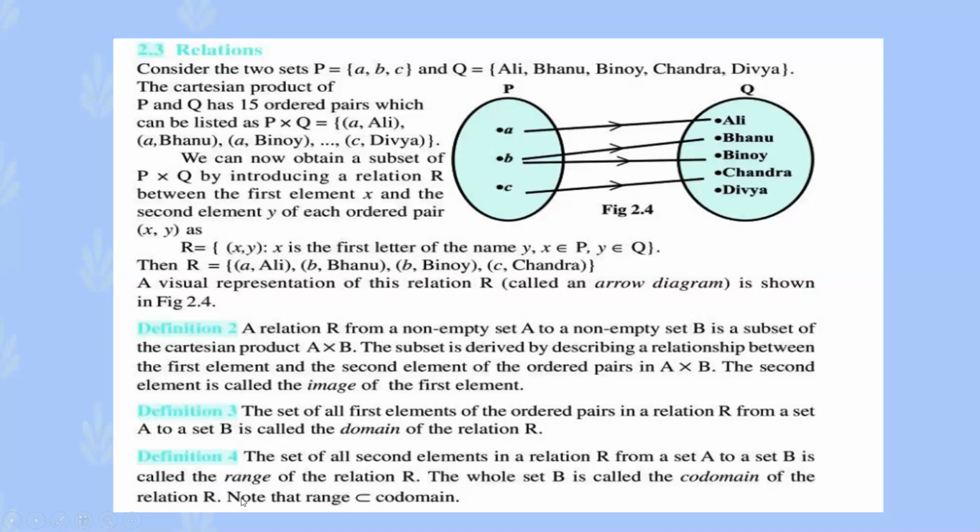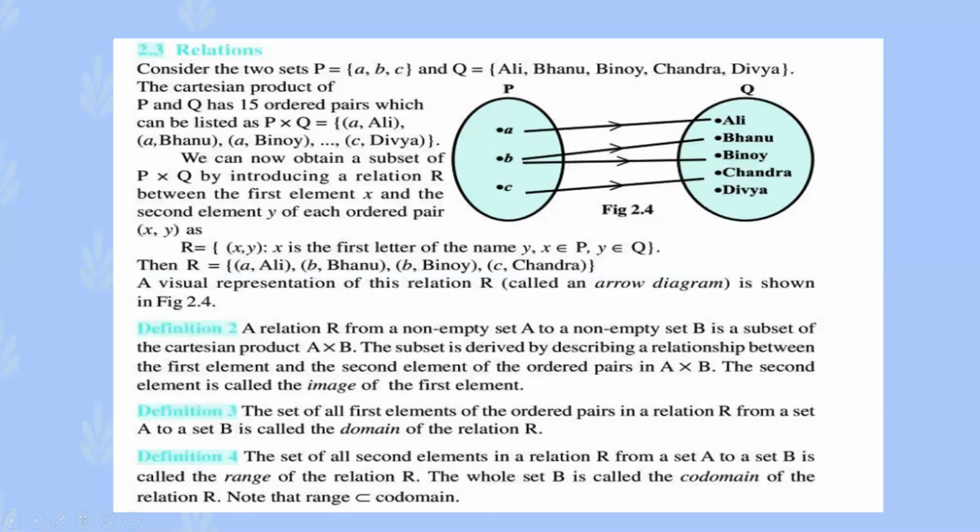Range means the second elements in the relation R. See, the second elements are coming as Ali, Bhanu, Binoy and Chandra. But Divya is not there in that range. But when we talk about all the elements of Q, this is known as the codomain. That is why it is written here, range is a subset of codomain. It means the range will be coming out of this codomain only.